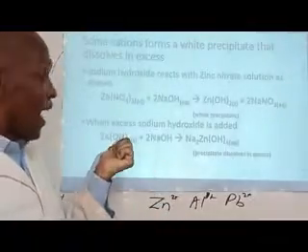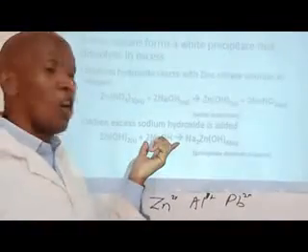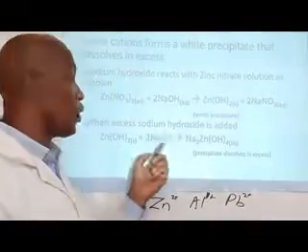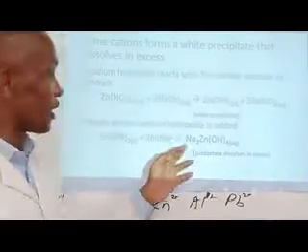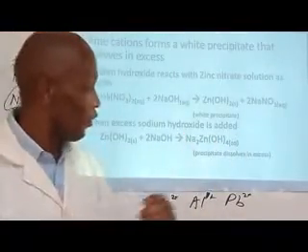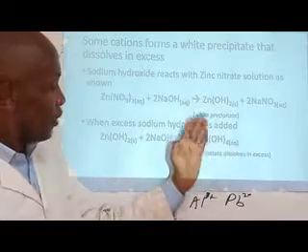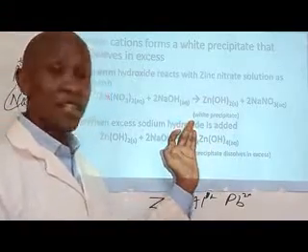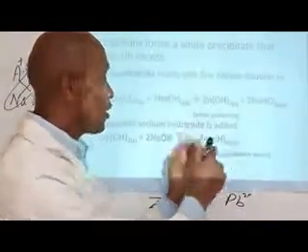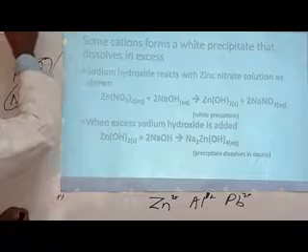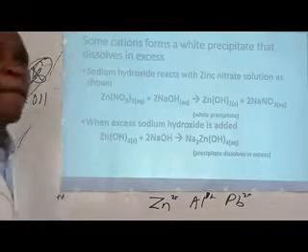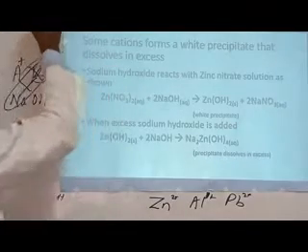So once the hydroxide is formed, it is also capable of reacting with sodium hydroxide because it has both acidic and basic character. And look at the substance that has been formed. We could visualize this as a coordinate bond.